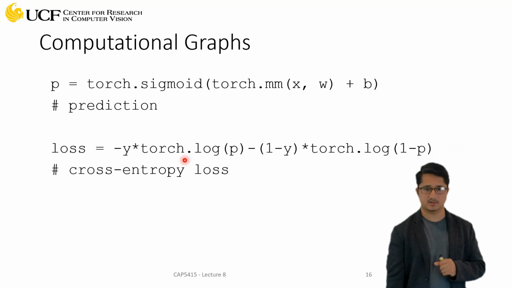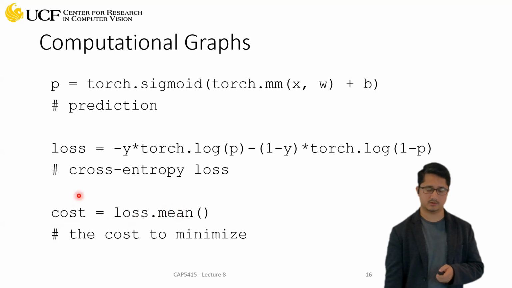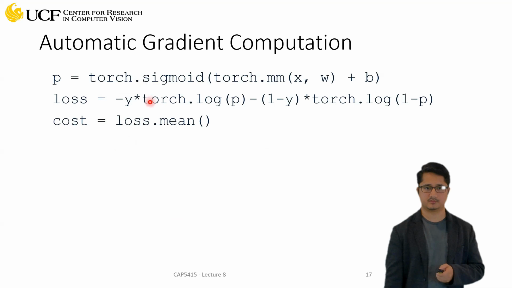You can just write the loss function here. And your cost will be, you just average your loss, because if you have, let's say, 10 samples, you will compute the loss over all these samples and take a mean. And then you have to minimize this cost to train this network.